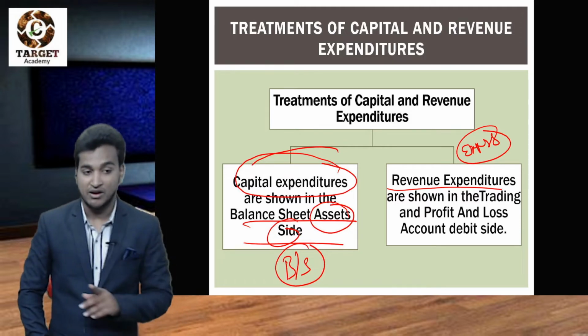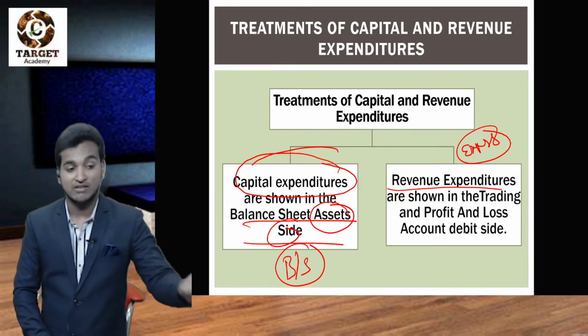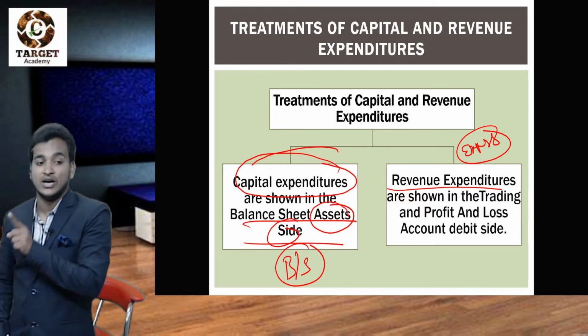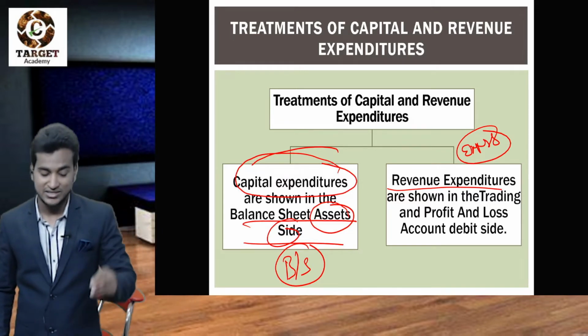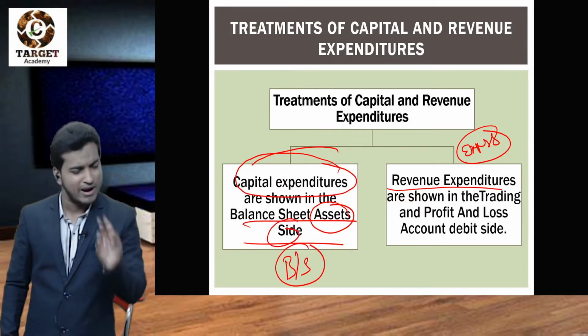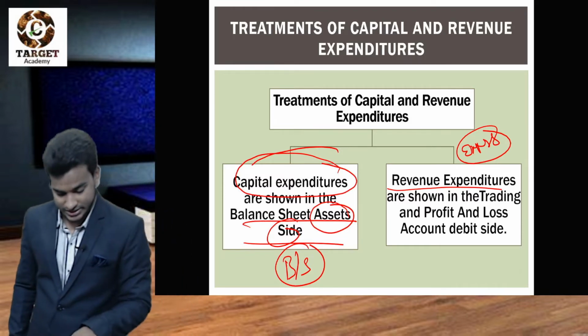If it is capital expenditure, it is an asset, so it will go to the balance sheet asset side, not the P&L account debit or credit side, because that is an asset, so it will come only under the balance sheet, not in any other place. That's it.